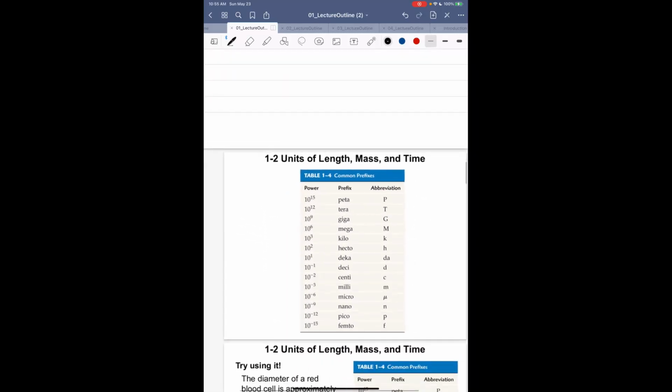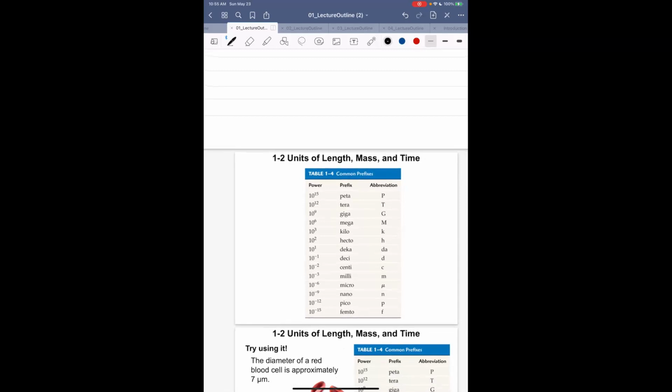Also, I have here for you what are called common prefixes. I will go over the ones that we mostly use, like the giga, which is uppercase G, and it is 10⁹. The mega, everybody's familiar. The kilo as well.